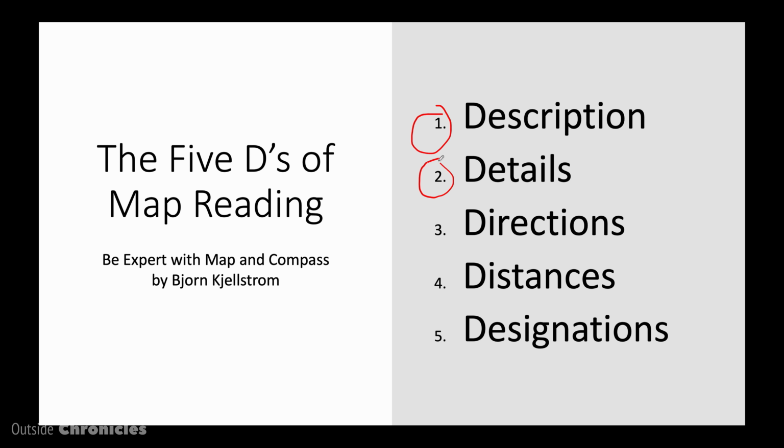We also went over details. Details are icons, contour lines, and we went over all of the different topographic features that can be formed using contour lines. In this video, we're going to go over directions, distances, and designations.